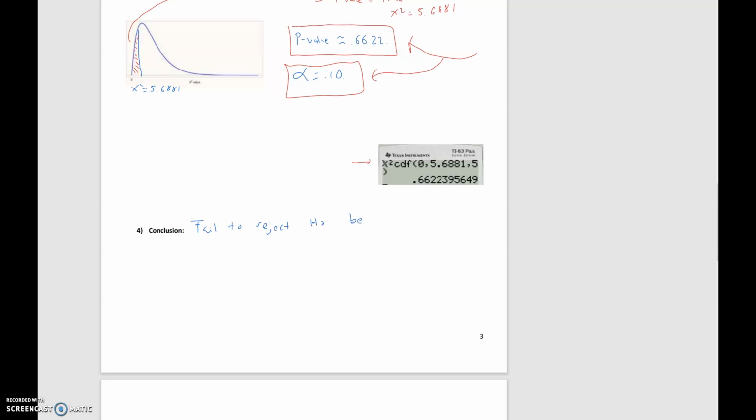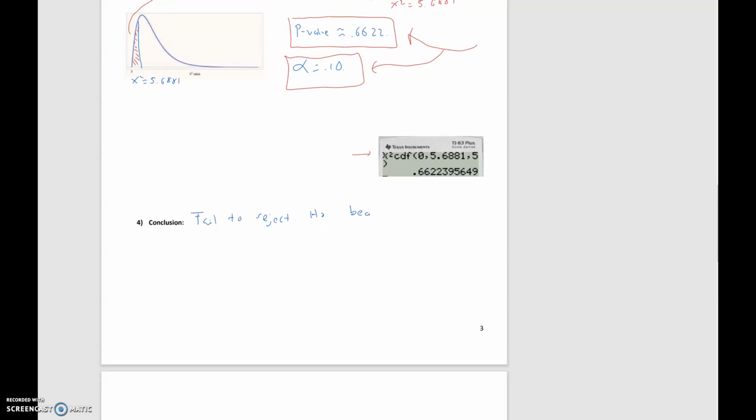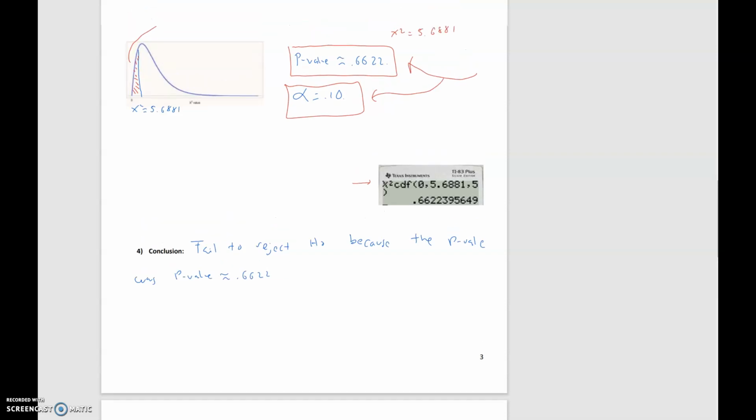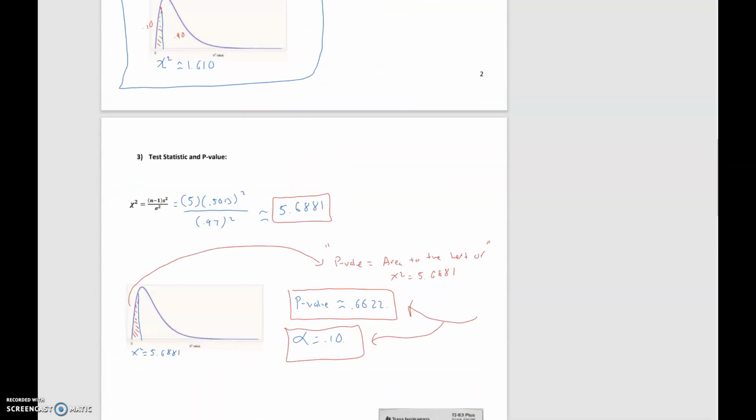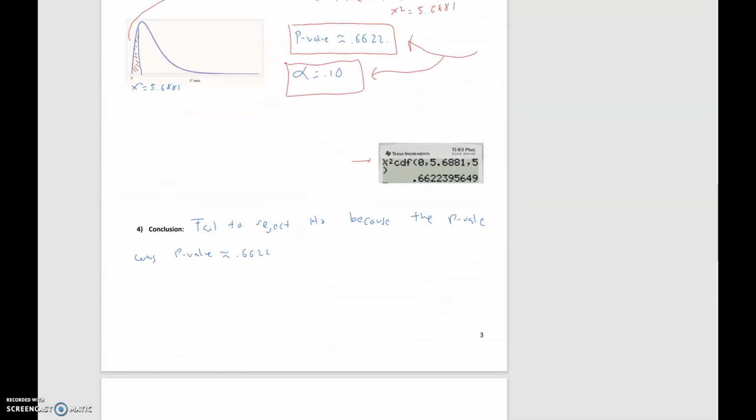You could just say because the p-value was approximately 0.6622. We ended up having a value that is greater than alpha, which is 0.10.